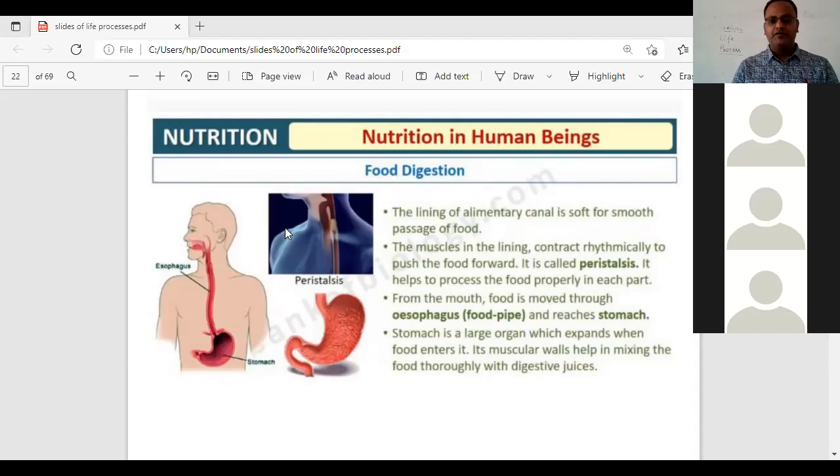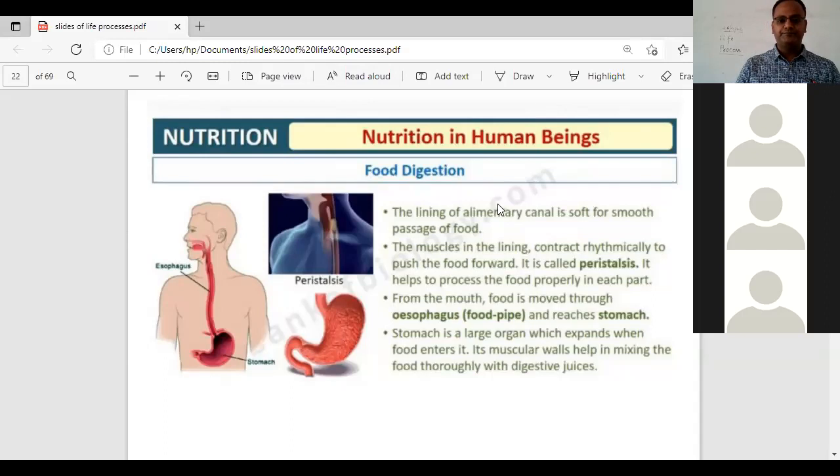Very good. Well said, Priyanshu. That is a rhythmic contraction and expansion of the food pipe, which allows the food material easy passage into the stomach. Very well.